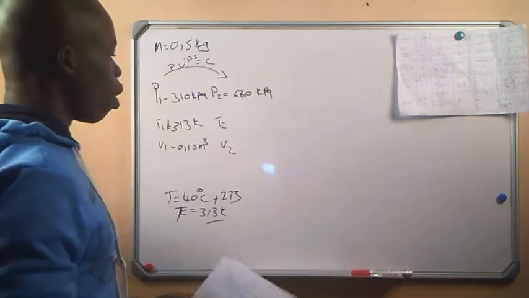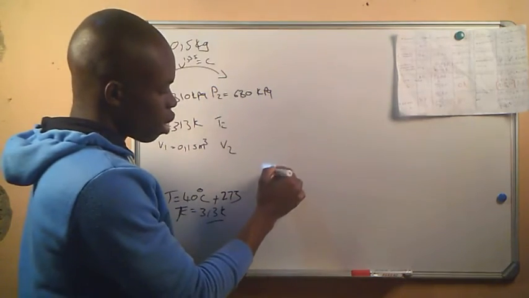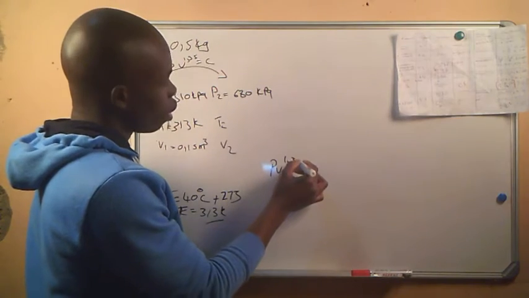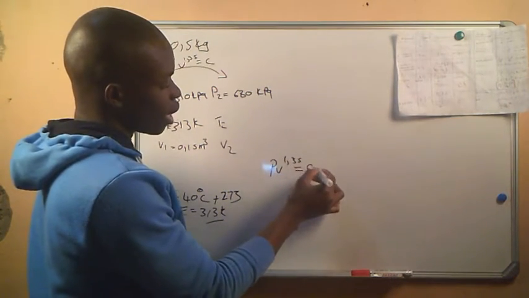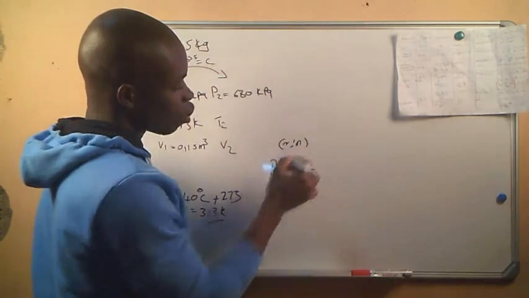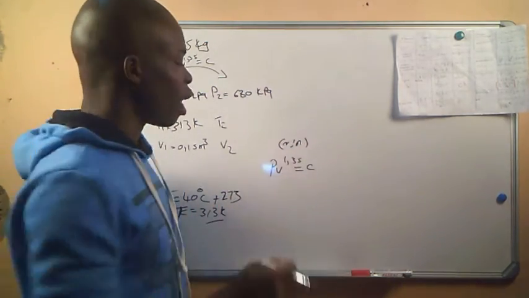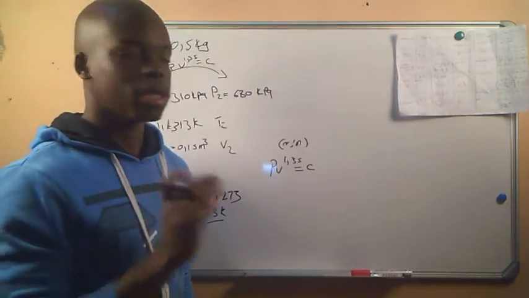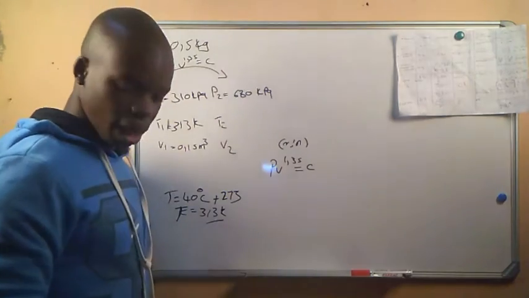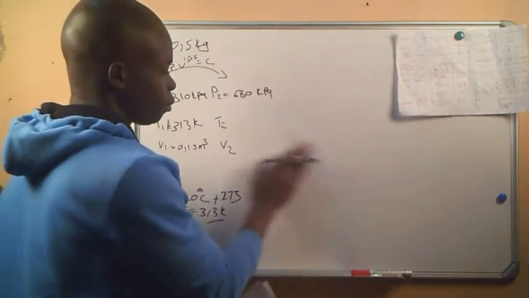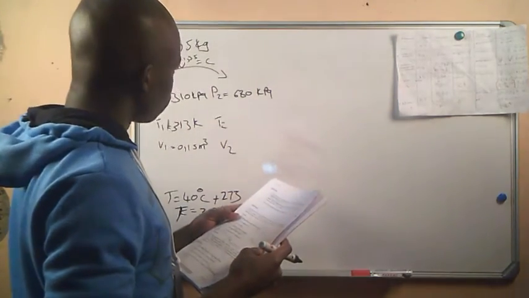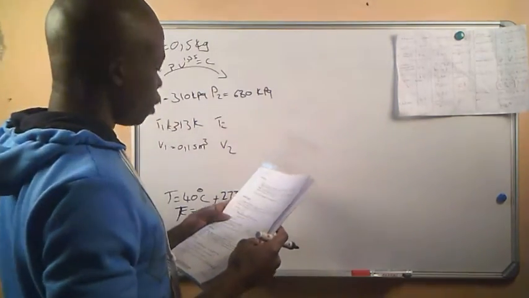Now we have two methods which use this law, because in this case we were not told that this is n or it's gamma. So we do not know yet whether this is adiabatic or polytropic, but we will find out before we are done with this question. So they say that's the law.